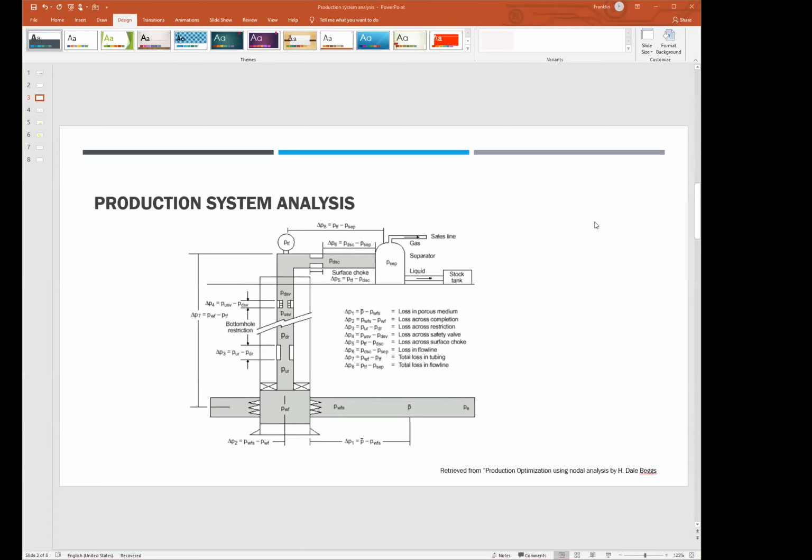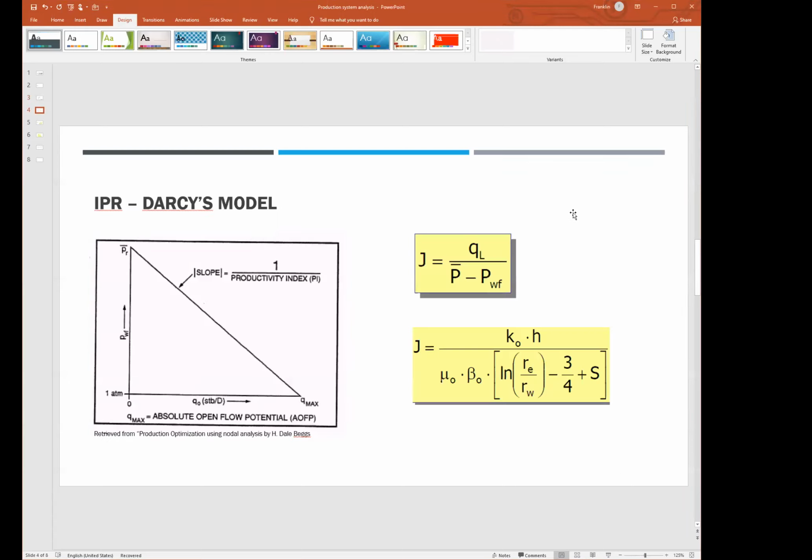But just to refresh, we have a very simple Darcy model, which can be obtained just by having production data and production pressure data, or we can also estimate it using reservoir properties like permeability, thickness, and radius.